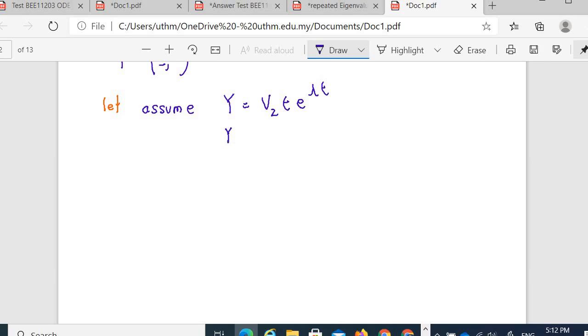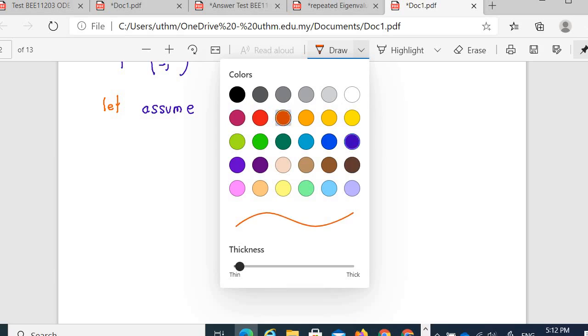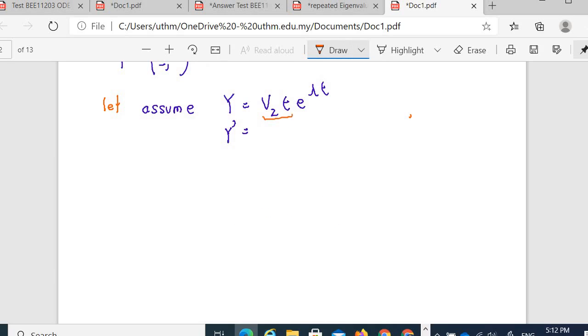Then for y prime, you need to use the product rule, because this is q and this is p. You have q, which is V2 t, times lambda e^(lambda t), plus V times the derivative of u, e^(lambda t), differentiating the u you get V2. And remember, you differentiate d/dt of uv.